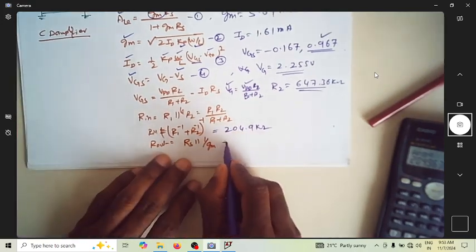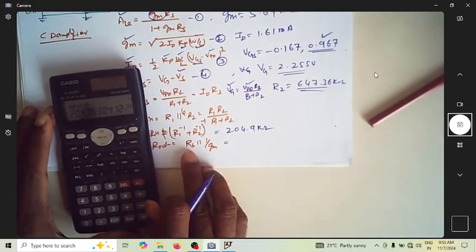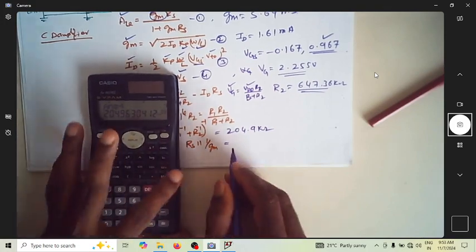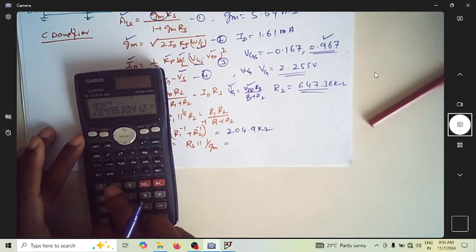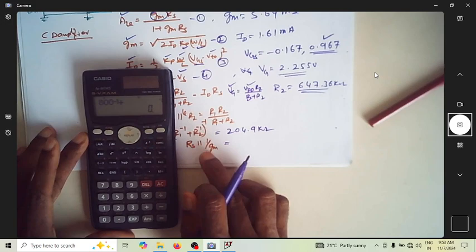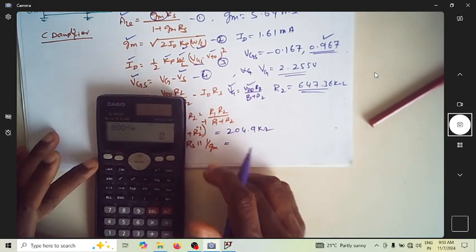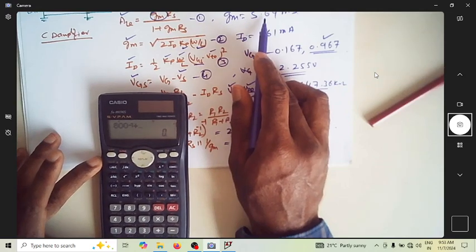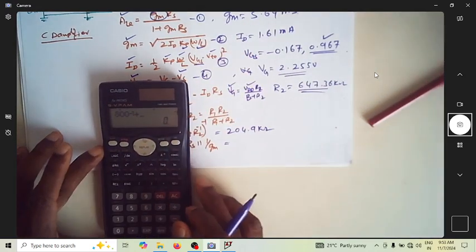How about the value of R out? R out is nothing but how much is RS? So RS is 800 inverse plus how much is 1 over GM? So GM, we know this is this much.